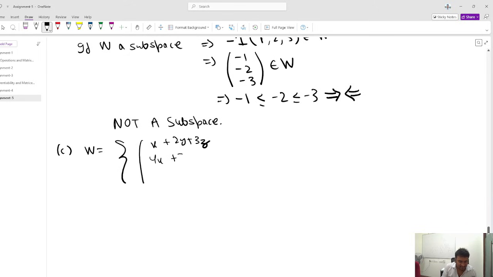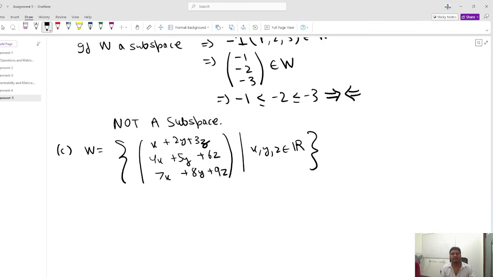Here x, y, z are arbitrary real numbers. So you have to see if this is a vector space or not.